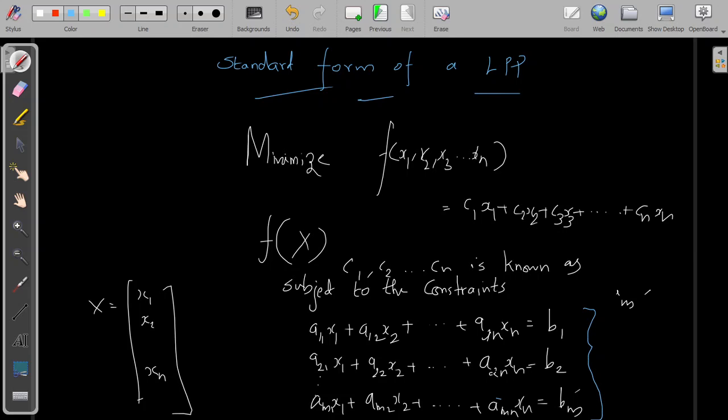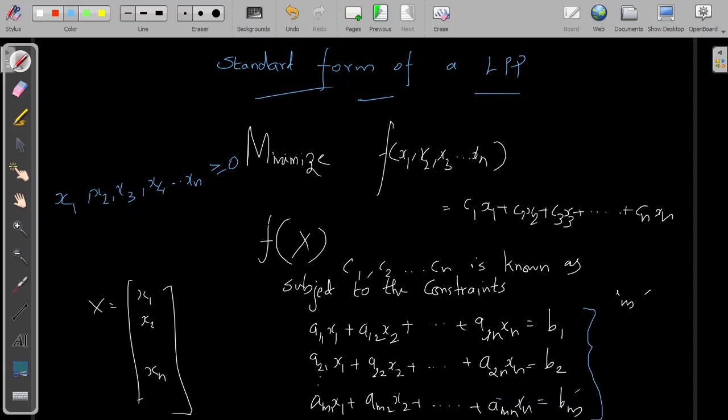Also, in this problem it is given that, subject to another set of constraints, x1, x2, x3, x4, etc. xn are greater than or equal to 0. That means the decision variables are positive values.